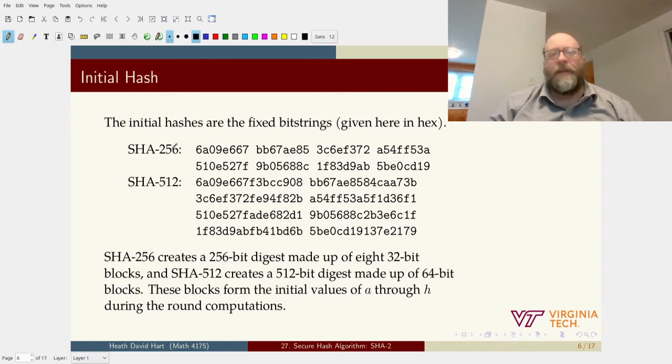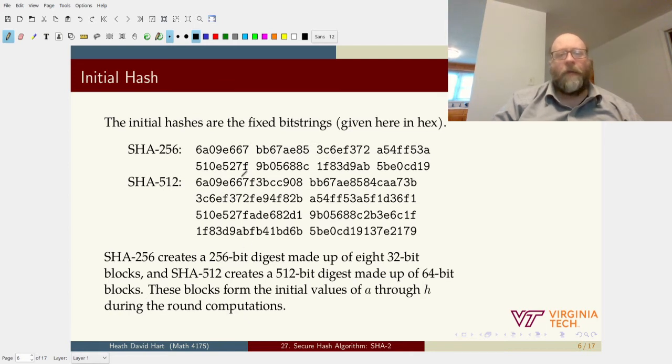All right, so then SHA-1 had an initial hash string. This was the string that had an equal number of zeros and ones. These are the initial hash strings for 256 and 512-bit mode.